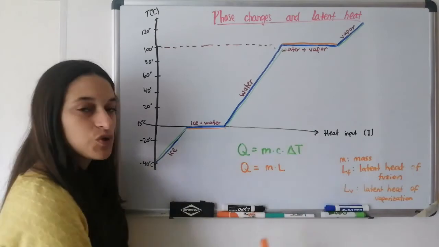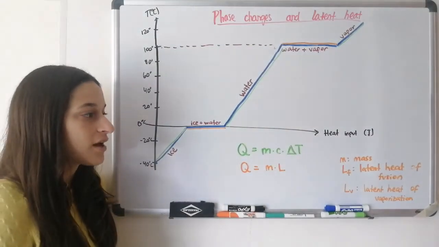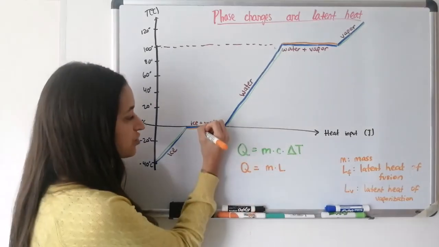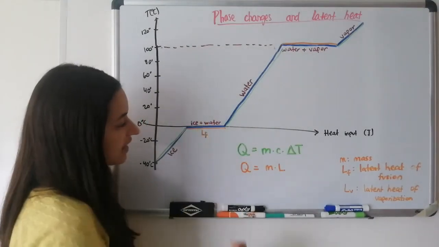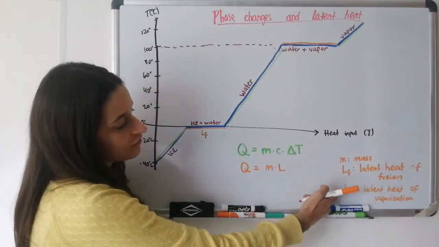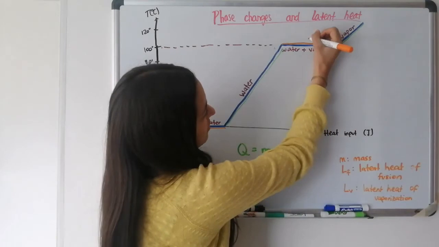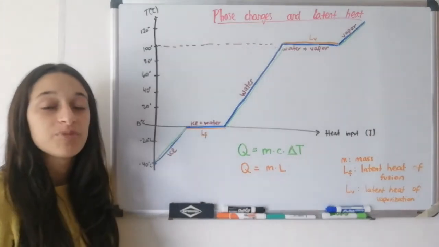So we saw that fusion was when ice melted and became water. That means we're going to use the latent heat of fusion when we're talking about this part of the graph. And when we're talking about this part of the graph, we're going to have to use the latent heat of vaporization because we're talking about water becoming vapor or vapor becoming water.